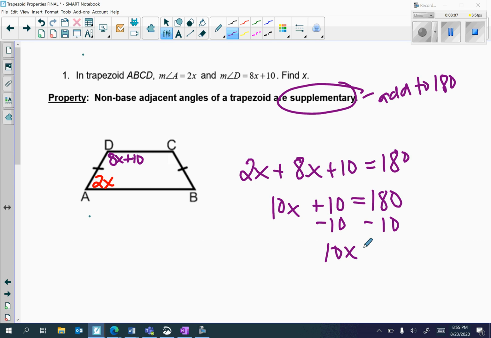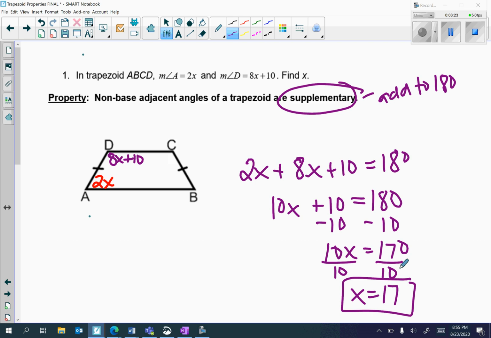So 10x is equal to 170. Divide by 10 on both sides. 170 divided by 10 is equal to 17. And that's my answer. So remember, non-base adjacent angles of a trapezoid are supplementary, meaning they add to 180 degrees.